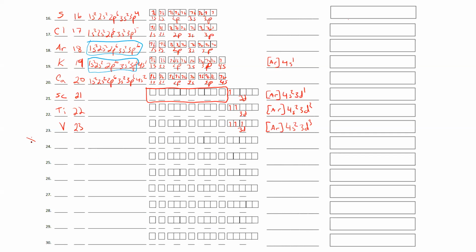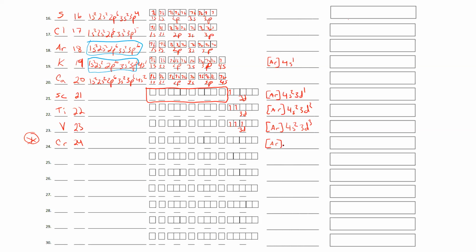But I want to make a note right here that there's going to be something a little bit funky about chromium. So for chromium, we've got a total of 24 electrons. And what winds up happening is, because of how the energies of the orbitals behave when they're filled versus not filled, there are some subtleties. And so there's an exception to this filling when it comes to chromium.